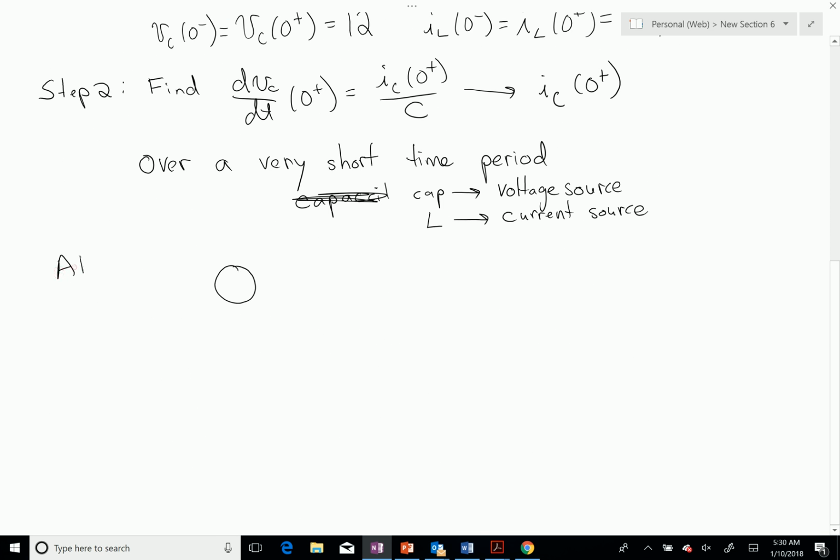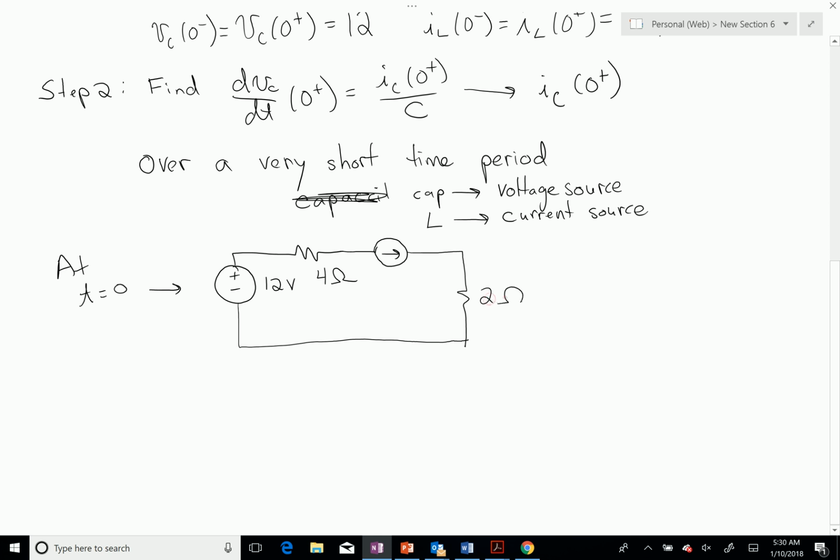So at t equal to 0, I basically have my 12 volts, got my 4 ohms, I have a current source, okay, I got my 2 ohms, and I have this guy.